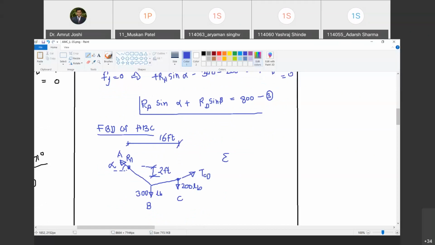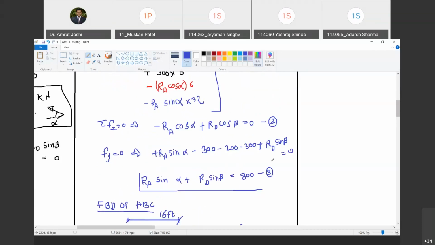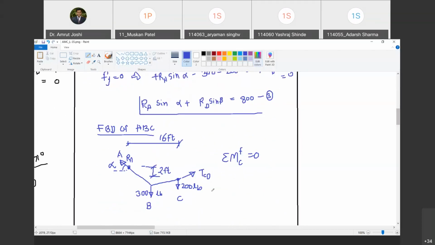Moment about C. Yes. The summation of moments of all the forces about C equal to 0 will ensure that TCD does not pop in the equation, but at the same time, RA and alpha will be involved. So we get one additional equation to these three equations. Do you agree with me?